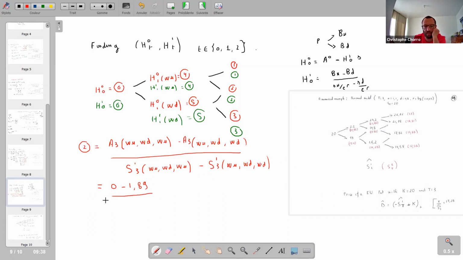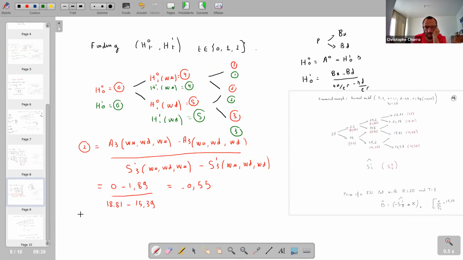You have these two. So I have here 80.81 minus 115.39. And I obtain in this condition for the term 2, minus 0.55.